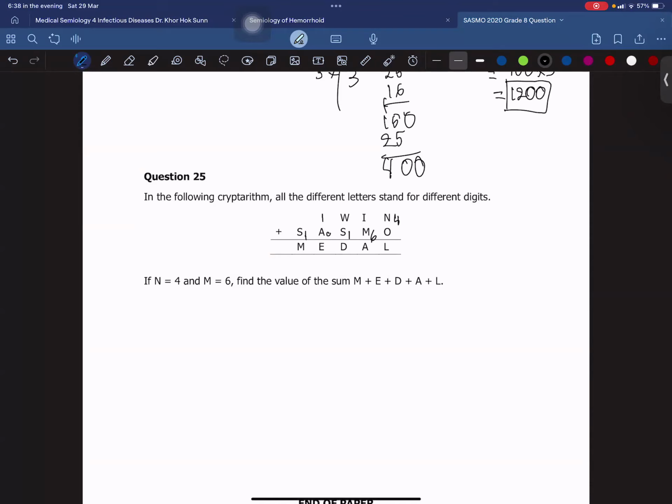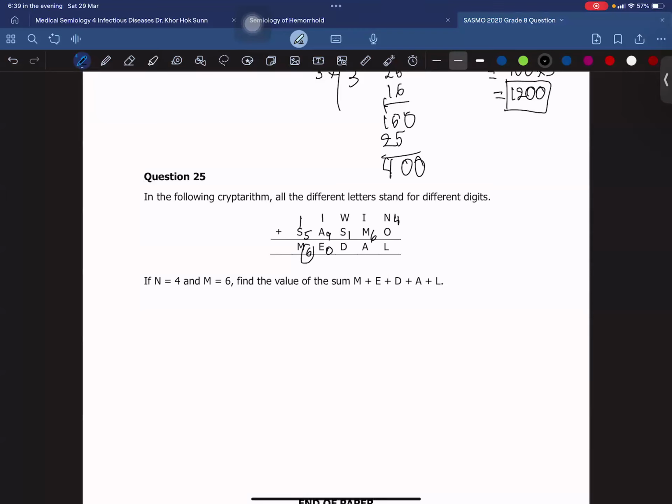So this is gonna be 9 something, so this is gonna be 0, so it's gonna be 1 here, this is 6. If this is 6, s is not gonna be 1.